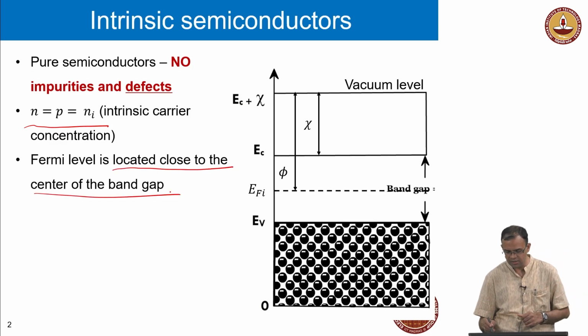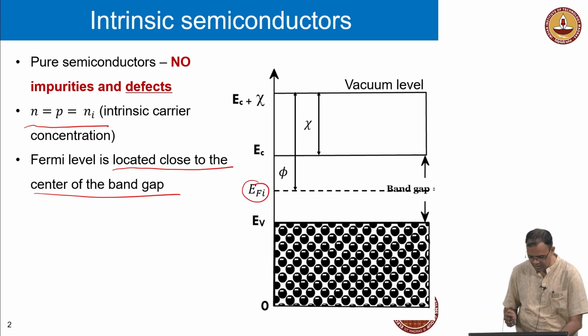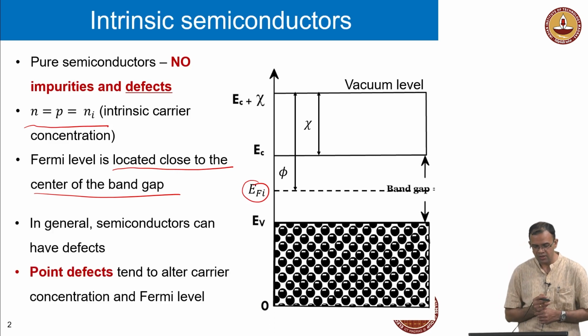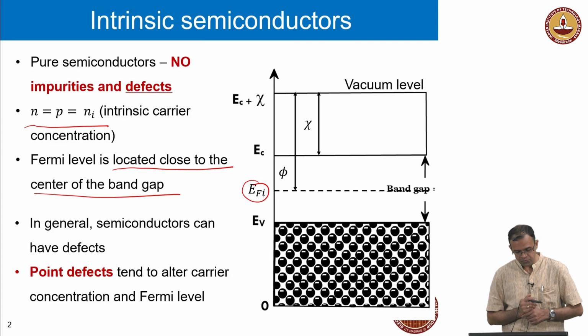And this is just the band diagram that shows that the Fermi level is at the center. I have a valence band, I have a conduction band, I have a Fermi level, and I have an electron affinity.